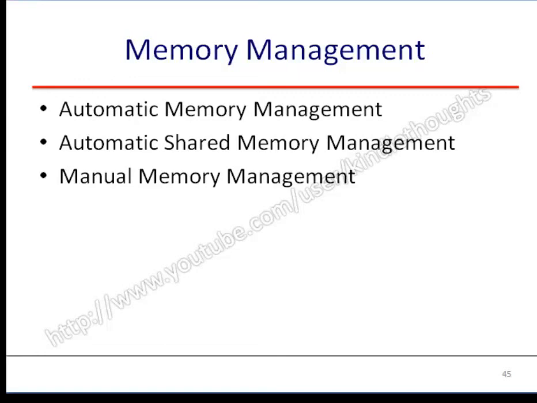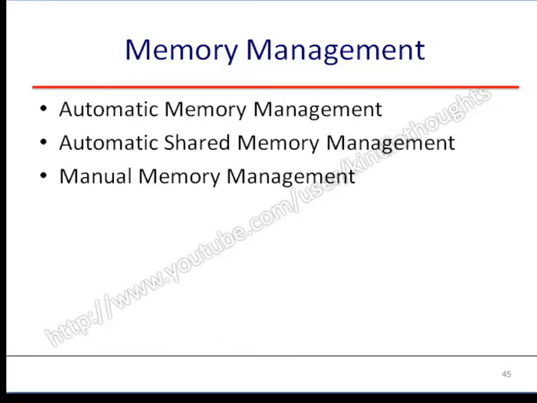The second is automatic shared memory management. In this scenario, you set the SGA to be automatically managed by Oracle and you have control over how the PGA components are configured. Third is manual memory management, where every component of the Oracle memory is managed and controlled by your values.